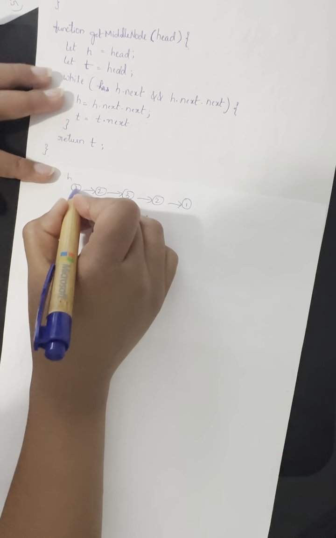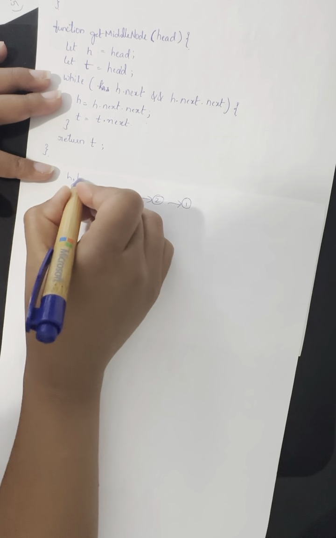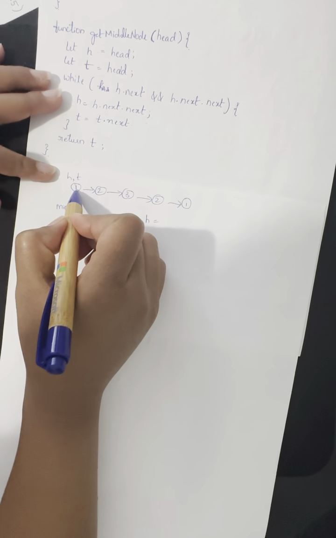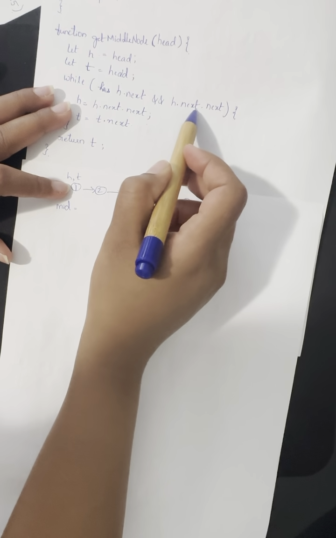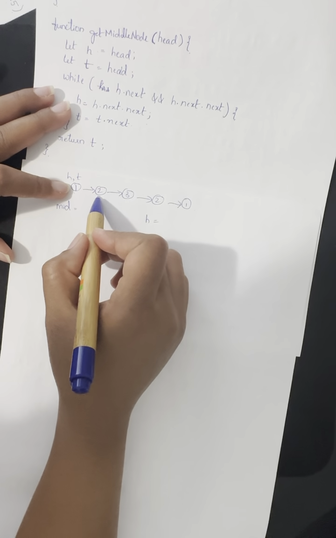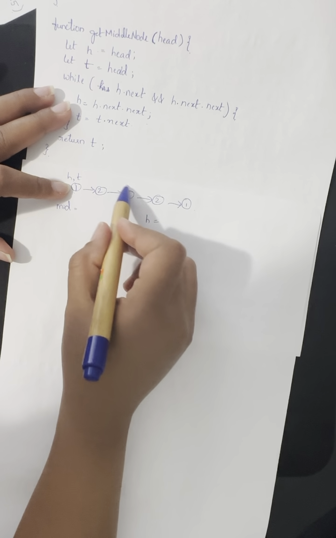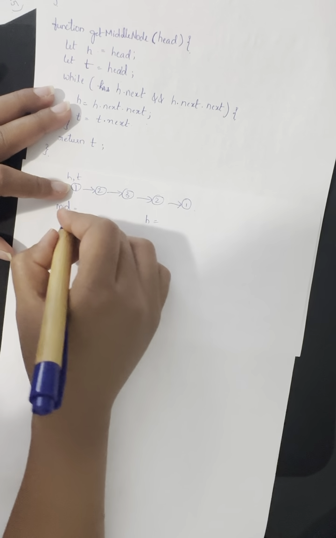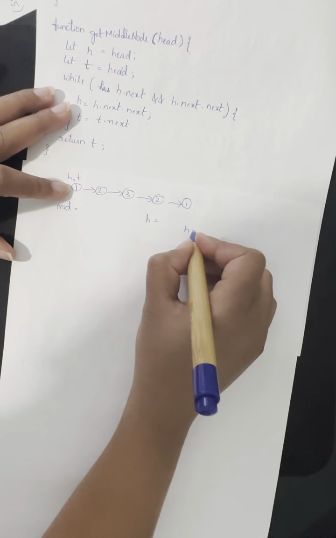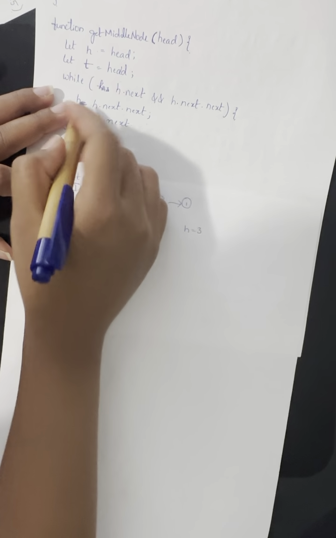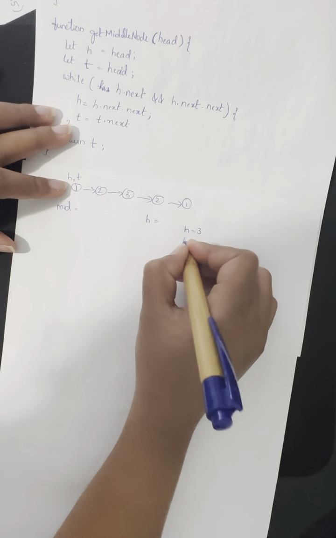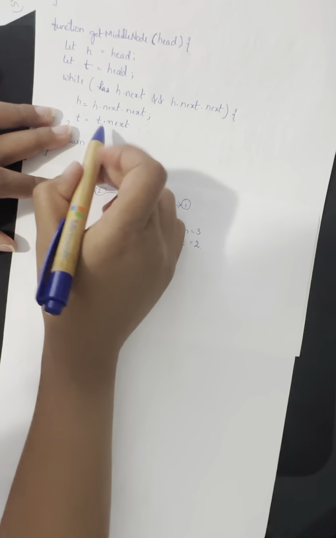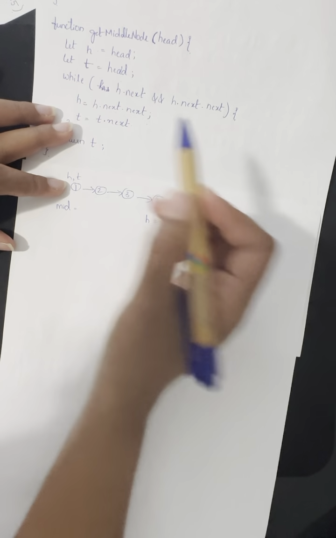So h starts at head, which is 1, and t also starts at head, and we check if h dot next and h dot next dot next, so both the values after the h are not null. So the h becomes 3 because h equals h dot next dot next, and t becomes 2, t equals t dot next.